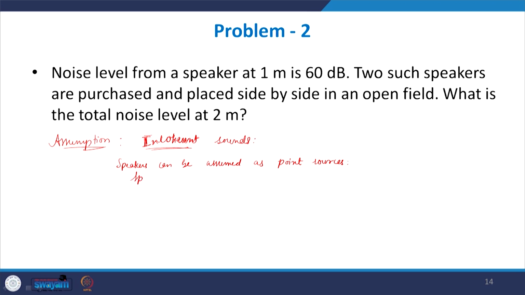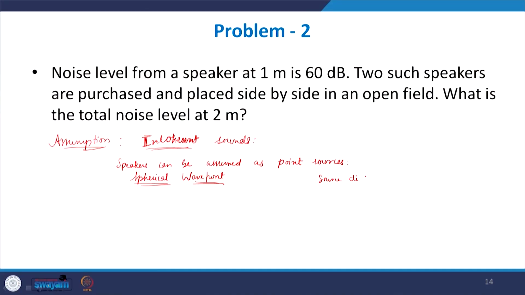These point sources will have spherical wavefronts. So whenever the source dimension is much smaller than the dimension of the medium, for example if a small speaker is present in a large room, then the source can be assumed as a point source.